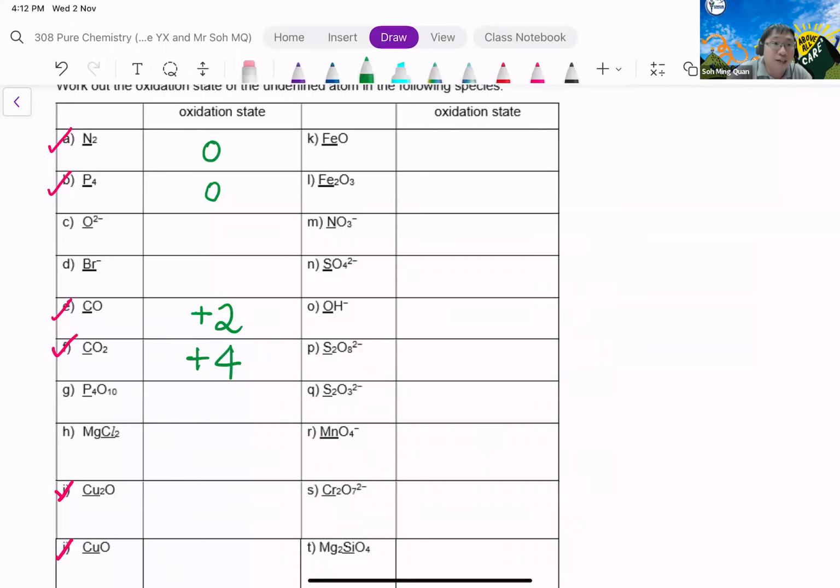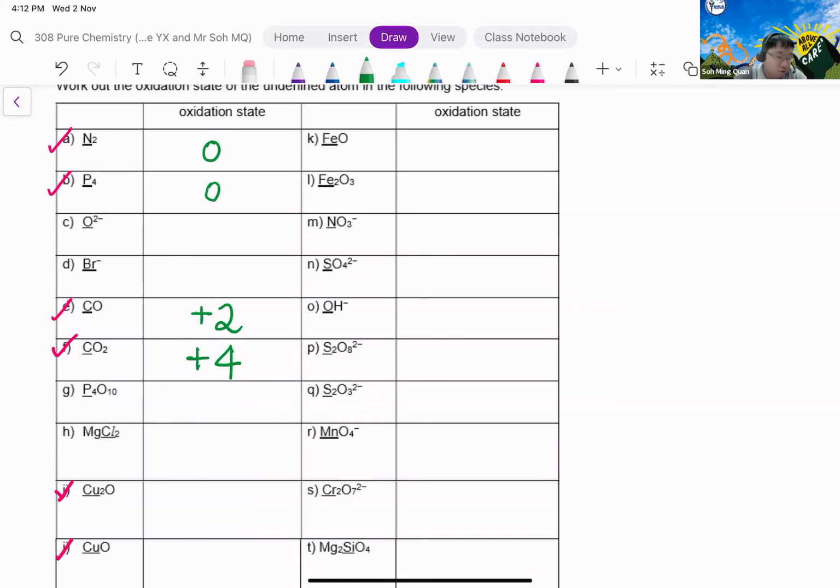CO and CO2 are not the same thing. The oxidation states of carbon are different because CO2 has 2 oxygen atoms. Each oxygen is -2, so 2 oxygen already makes -4. So carbon must be +4 in CO2.